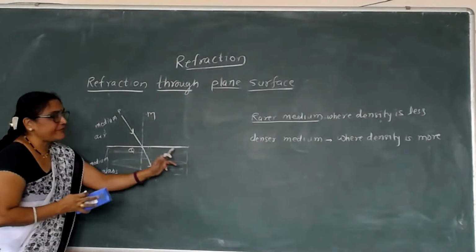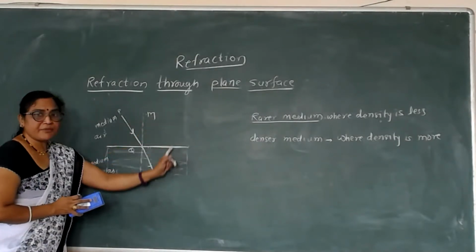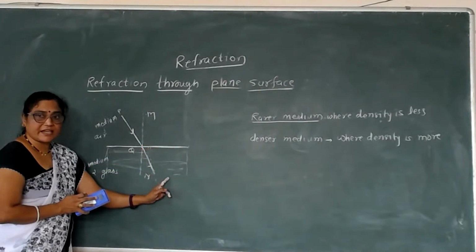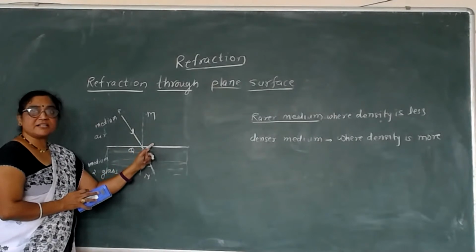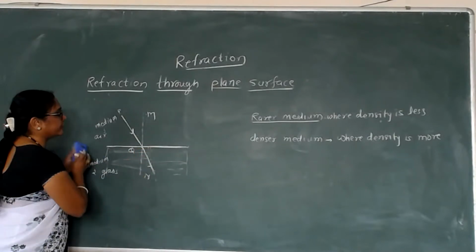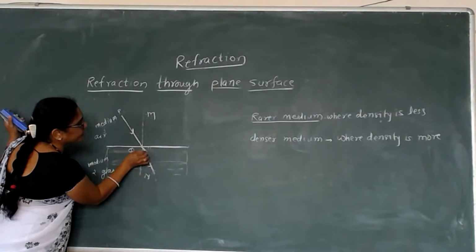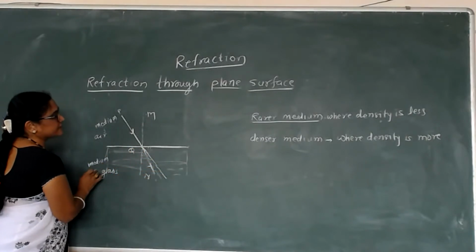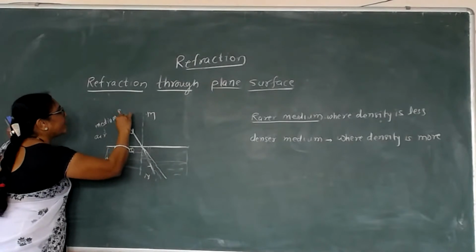If the plane surface is not there, if the medium is the same, that is, medium 1 and medium 2 are the same, then the ray of light propagates in a straight line direction. If the medium does not change, this ray is known as the normal ray.